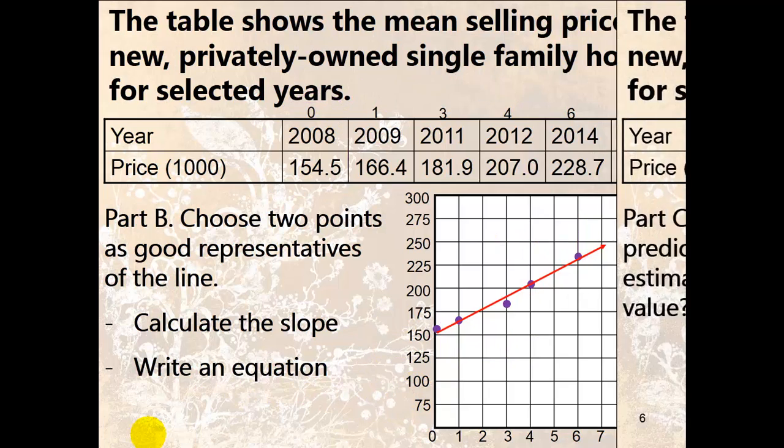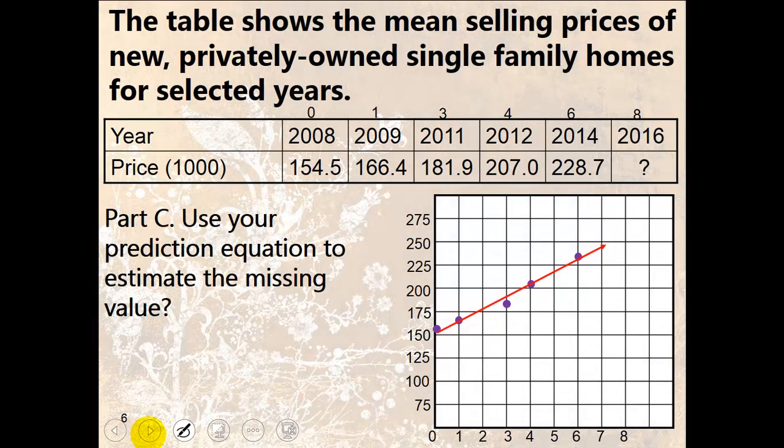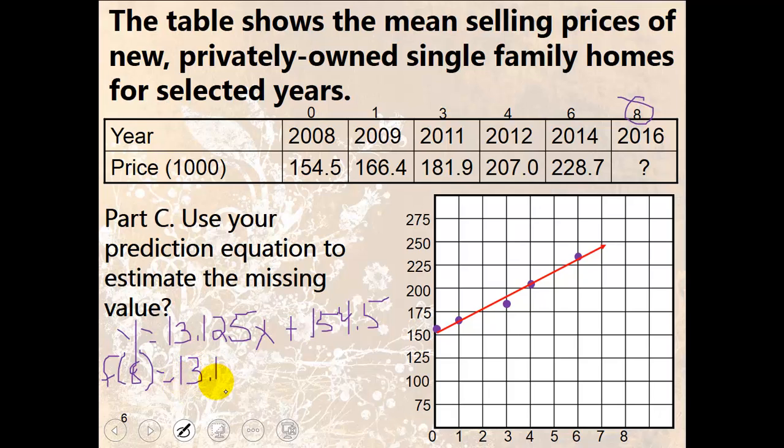And now finally, part C, I'm going to use my prediction equation, y equals 13.125x plus 154.5, and I'm going to plug in an 8. So that's like f of 8 equals 13.125 times 8 plus 154.5.